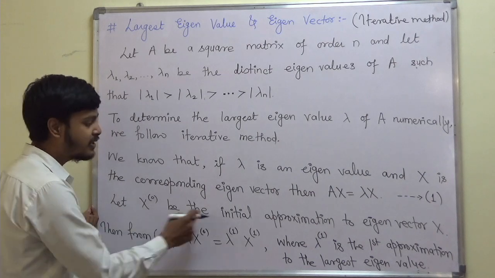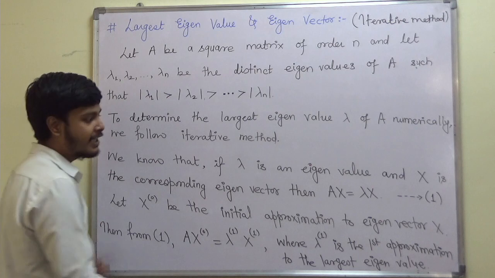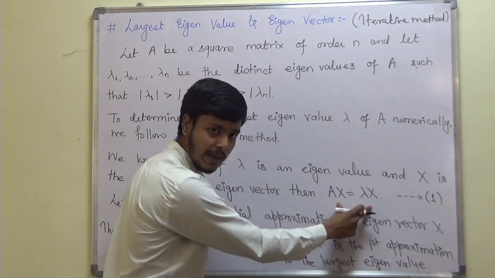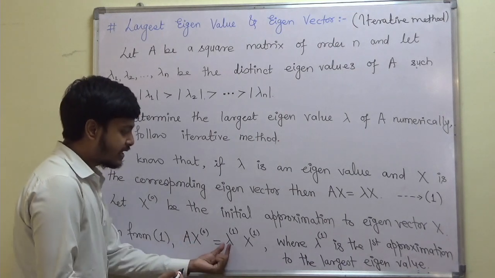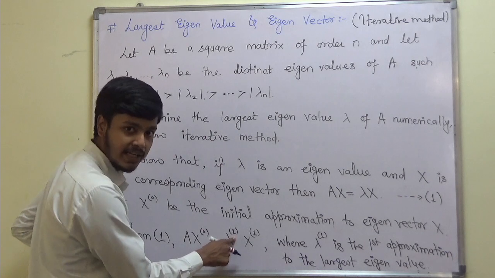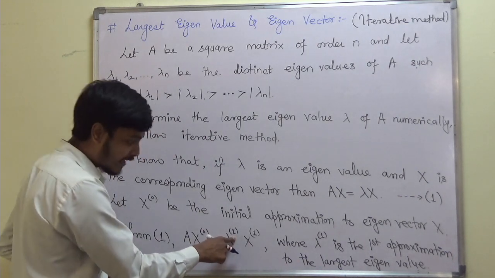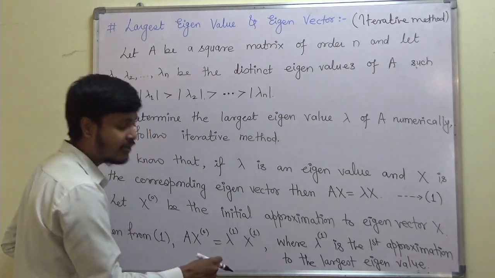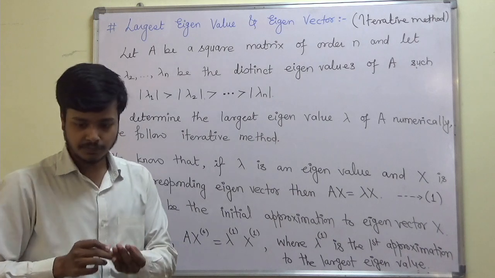Let x0 be the initial approximation to the eigenvector x. Then this equation Ax = lambda x will imply Ax0 is equal to lambda 1 x1, where lambda 1 is the first approximation to the largest eigenvalue, and x1 is the first approximation to the corresponding eigenvector.